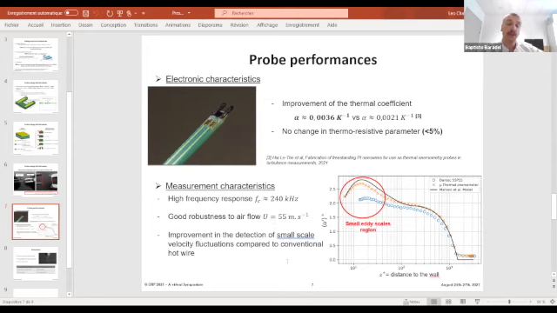And the most important result is the improvement of the detection of small quantities. When we performed turbulent boundary layer measurements, we identified that our sensor better detects small fluctuations in the inner region. This can be seen on this figure.